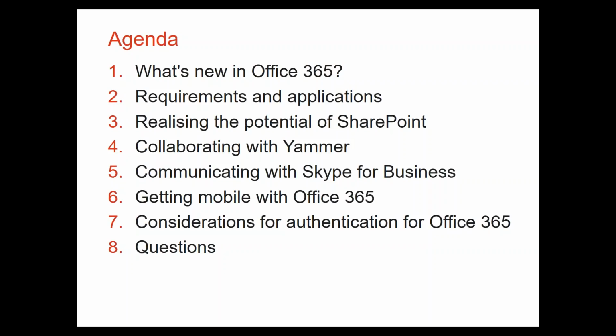And then some of the common platforms and applications that we help organisations implement and see a lot of value in are things like SharePoint, Yammer and Skype for Business, which I'll go into a little bit more detail on. And then I'll talk about accessibility from mobile devices and authentication.